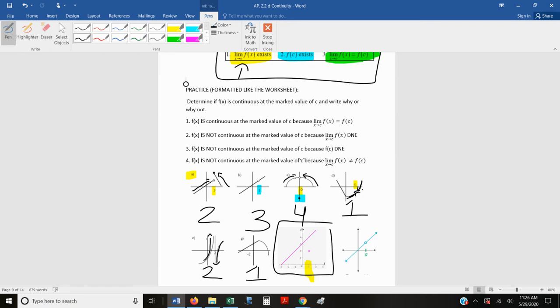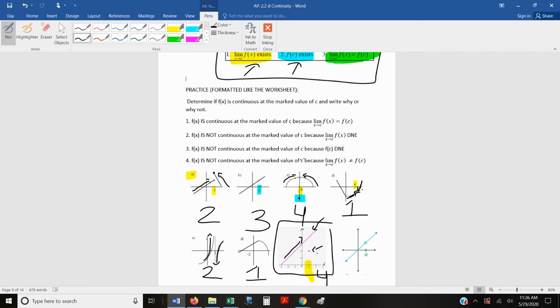That one is going to be number 4. So this one gets pretty far into the definition. The first part, do you have a two-sided limit at 1? Yes, you do. As x goes to 1 from the left and the right, you're approaching the same y value. The second part of the definition, do you have an output at 1? Yes, you do. You have a closed circle there, so there is an output. Third part of the definition, is the limit and the output equal to each other?